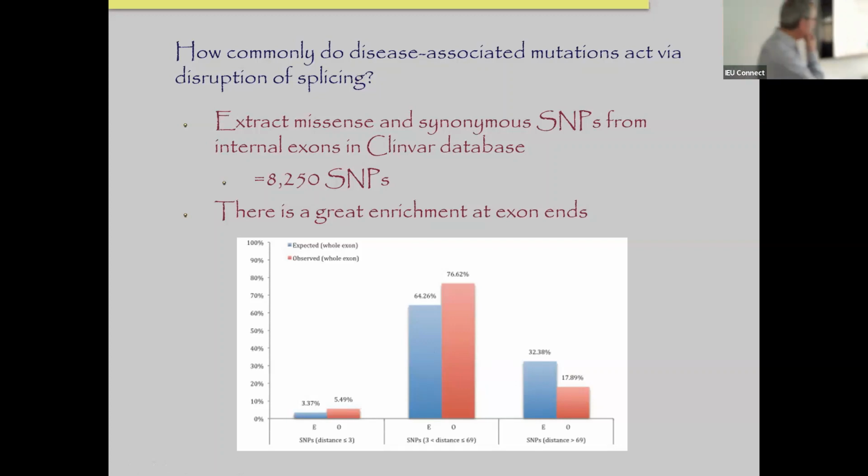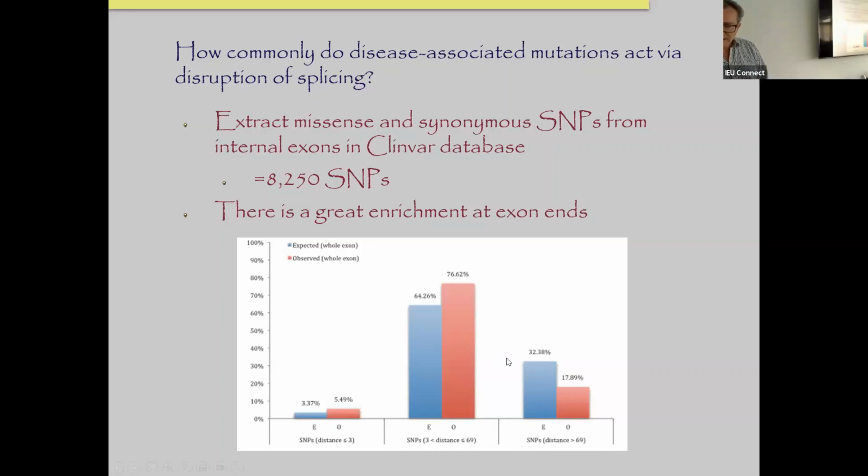So I said red is the actual frequencies and blue is a null. The blue is the null derived from your underlying nucleotide content, et cetera, assuming a uniform mutation rate across an exon, which from parent-offspring sequencing we think is more or less uniform. And what you get is, yes, there's enrichment of these things at splice sites. That's nothing particularly special.